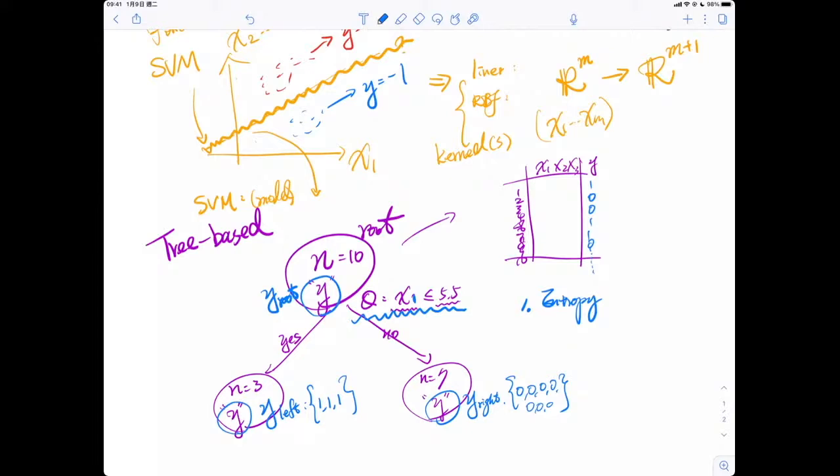So that is entropy. Of course, there are several different evaluation mathematical tools to help you to evaluate.